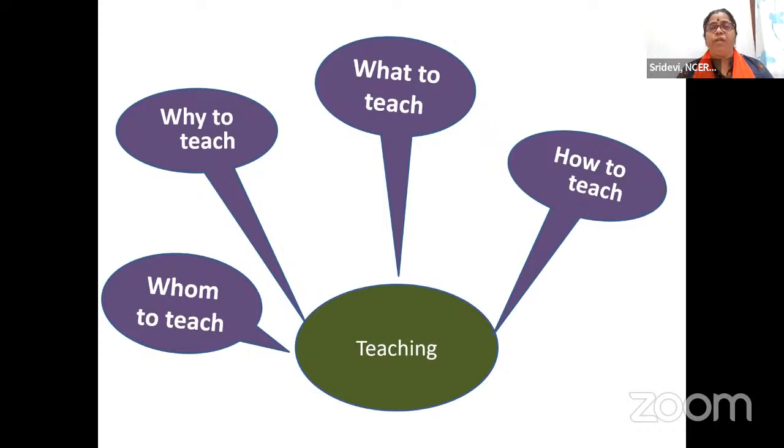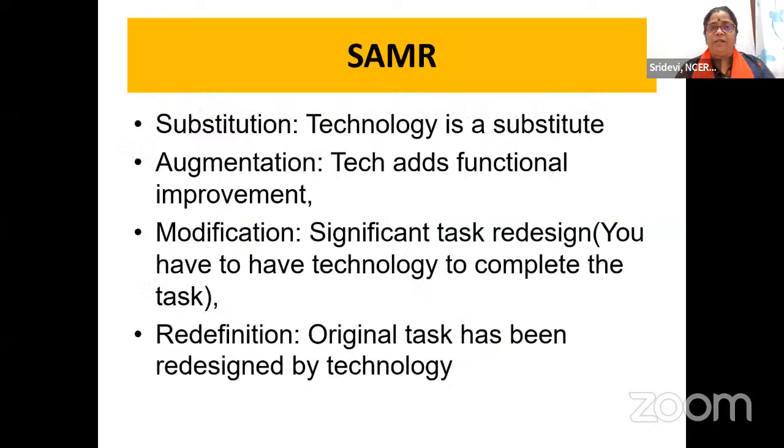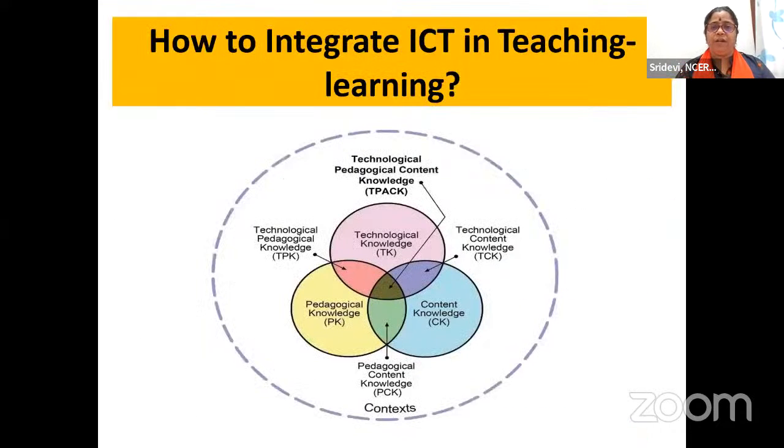So I need to teach different concepts, principles, maybe theories. And then how am I going to teach? Okay, I understand this is the context in which I'm supposed to teach, so let me design different strategies to put across whatever is being planned. So how to teach? That is why in the TPACK model, if you see, let me just relate it.